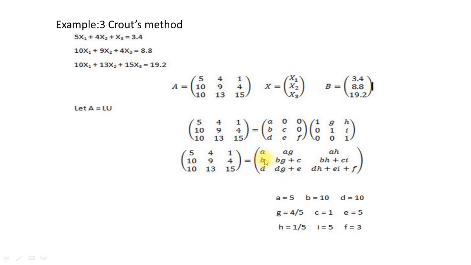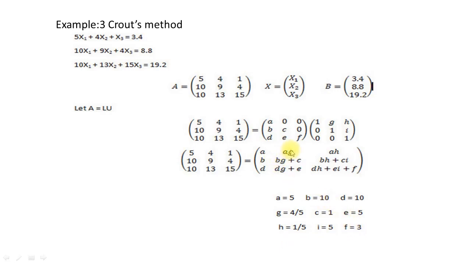Then the first column: A is equal to 5, B is equal to 10, and D is equal to 10. Using these values, we can easily find the other unknowns. So G is equal to 4 by 5, C is equal to 1, E is equal to 5, H is equal to 1 over 5, I is equal to 5, and F is equal to 3.